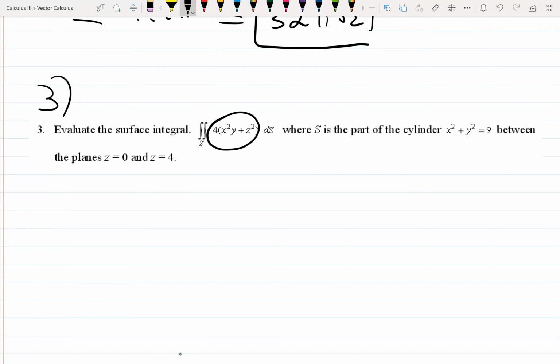This is not a vector field, and it also doesn't mention flux. So this is literally a surface integral. They ask to find a surface integral, which represents the volume below and above two surfaces from z equals 0 to z equals 4. So let's do this one.